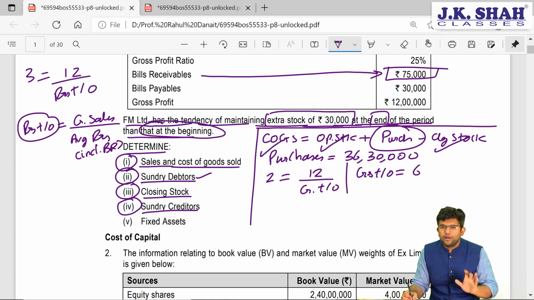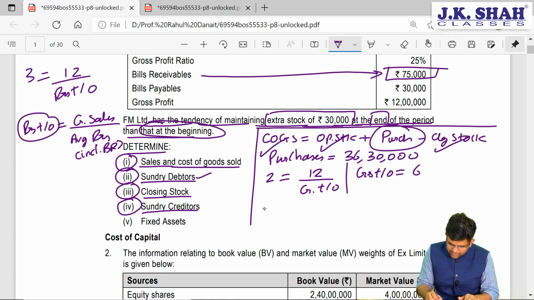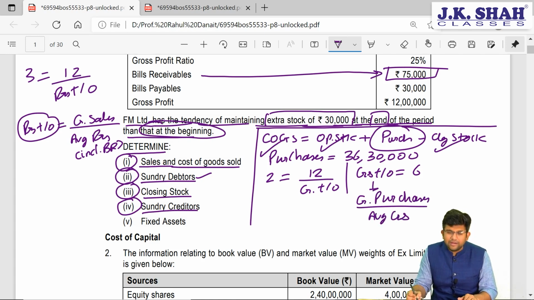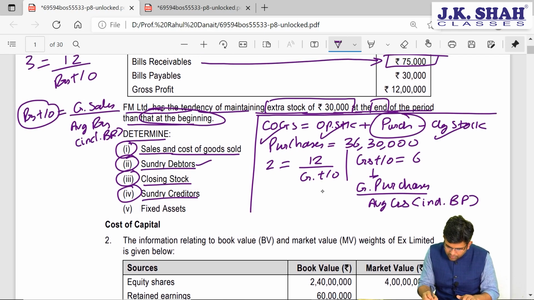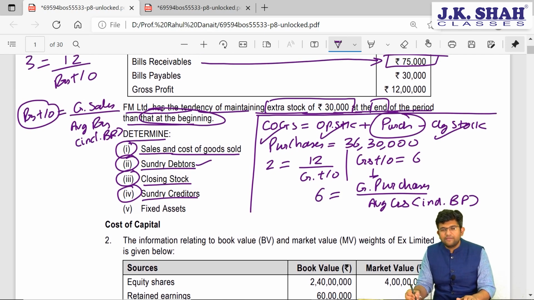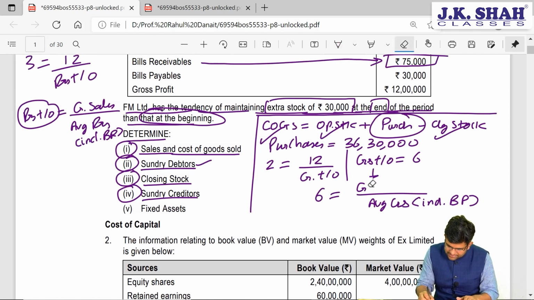Now what is the formula of creditors turnover ratio? Creditors turnover ratio is nothing but credit purchases divided by average creditors, including bills payable. Everyone clear? So students, we already have the creditors turnover as 6 times, and we already have the purchases as 36 lakh 30,000.